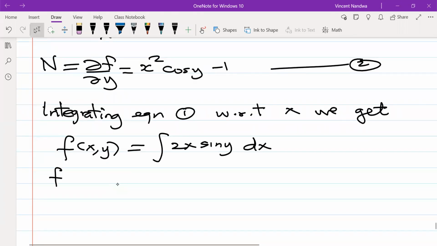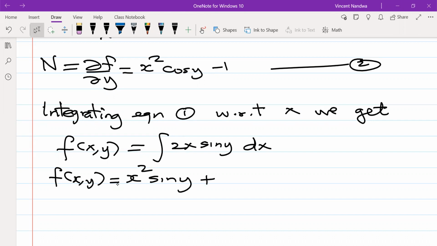With respect to x, I get x squared sine y plus a constant, which will be written as a function of y, g of y. Call that equation 3.